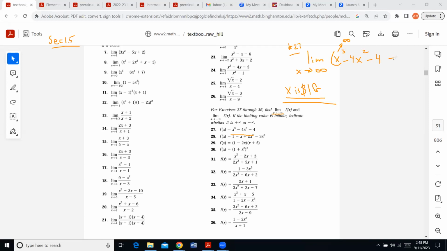And they say it's a dominating term. So we just care about the largest power, which is 3, because power of 2 is smaller. How do you care about the third power? Well, let's say you take some number like 100 and cube it, and then put minus 4 times 100 squared, just plugging in 100 to show you that all we care about is the biggest power.